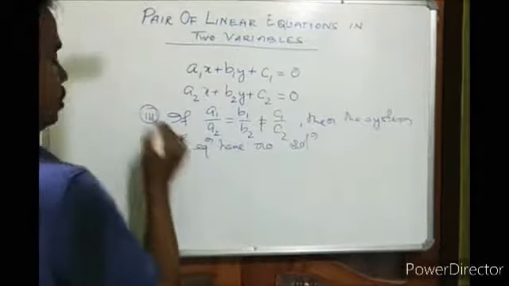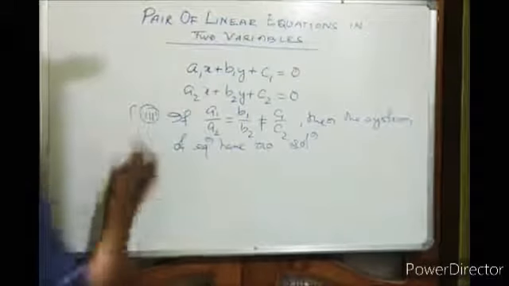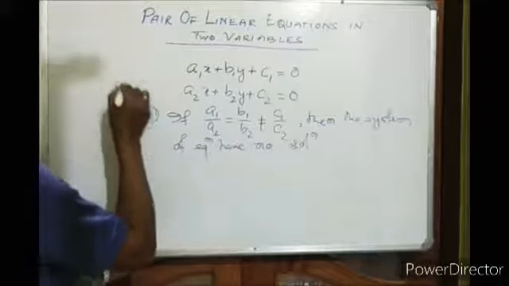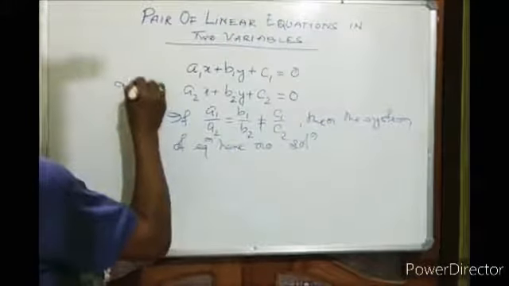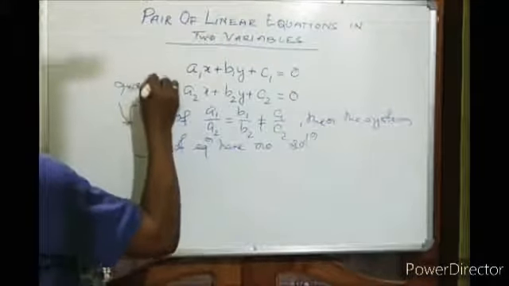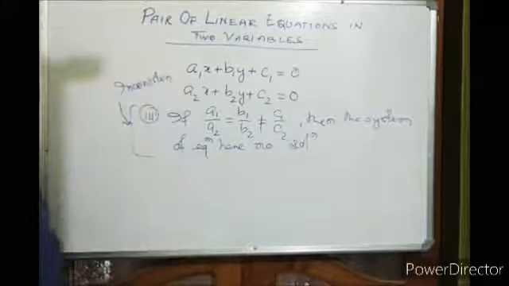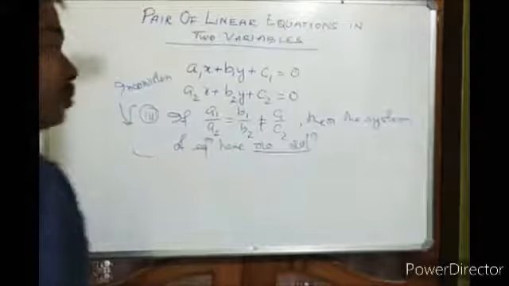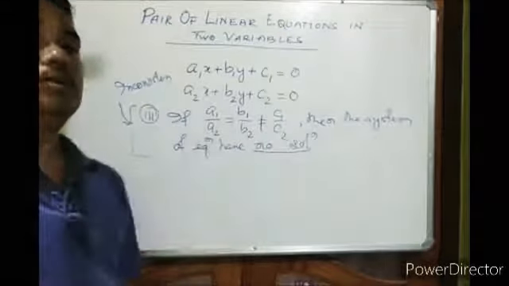In that case, the system is said to be inconsistent. It is said to be inconsistent when there is no solution.